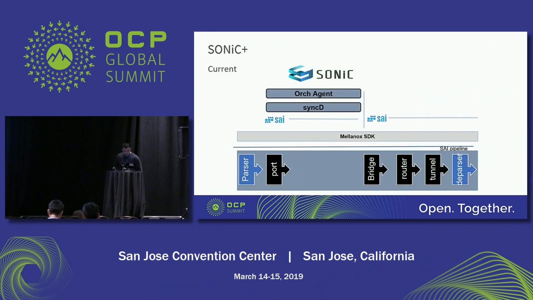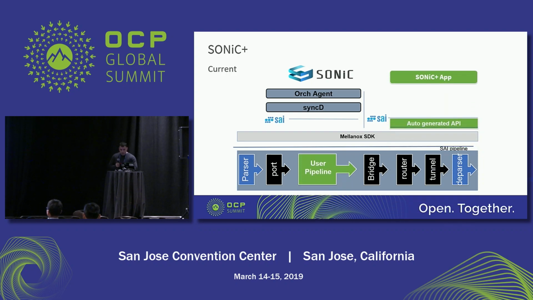Okay, so let's see how it looks when we have those two pieces, whether those two pieces are enough to add a user functionality to SONiC. So now we add some user pipeline. As a result, we have the auto-generated SI API, cool. We extend the pipeline itself, cool. We wrote the application that can work on the new pipeline, cool as well.